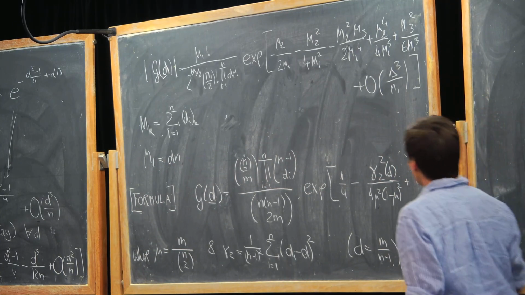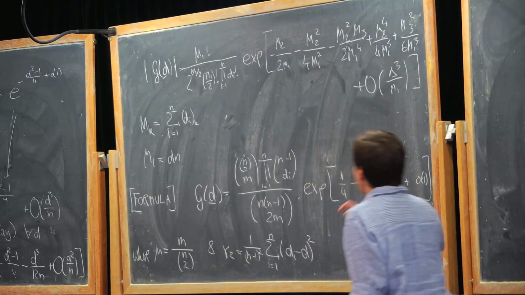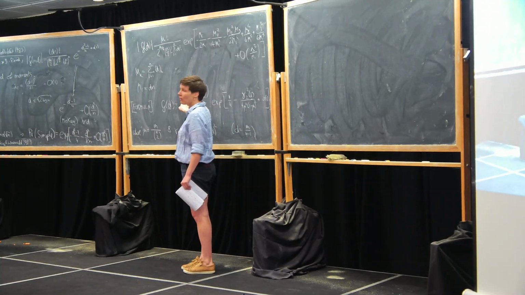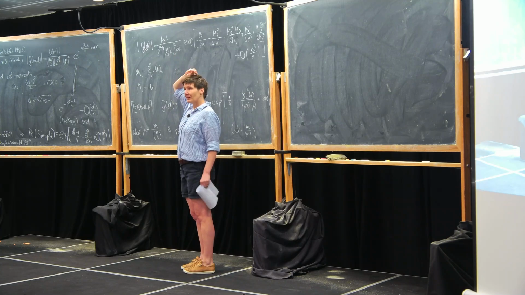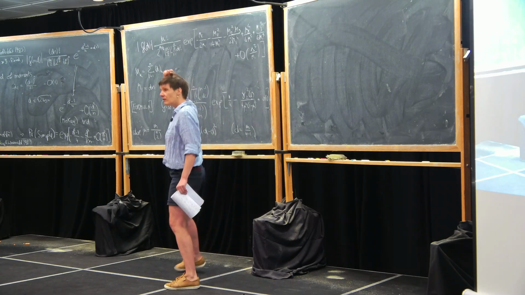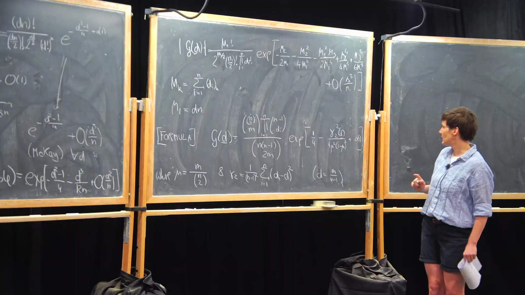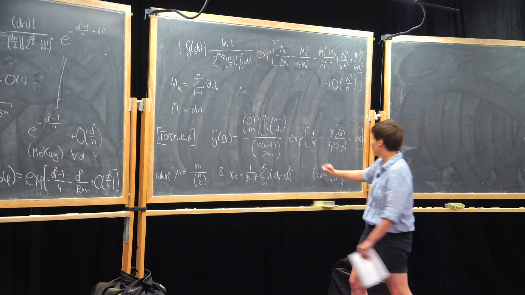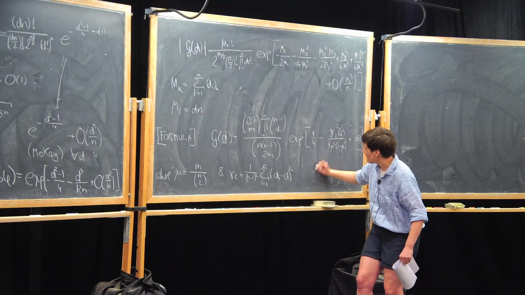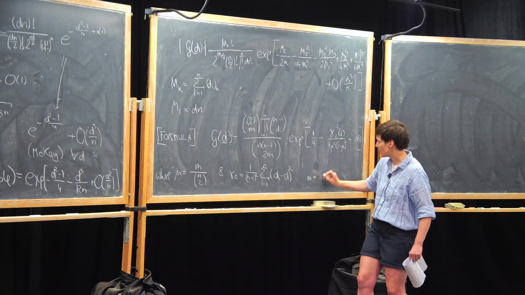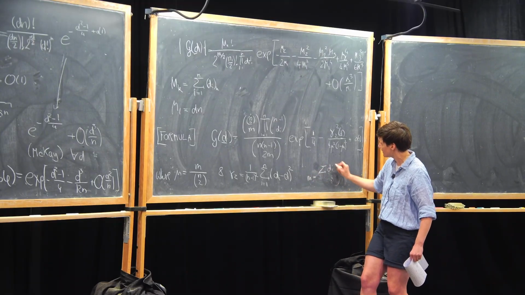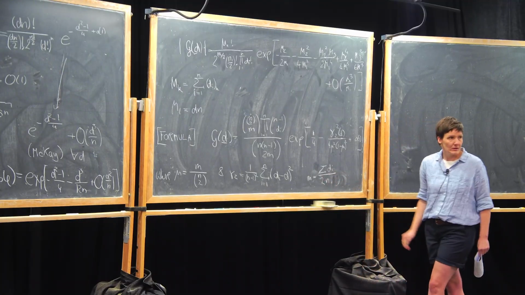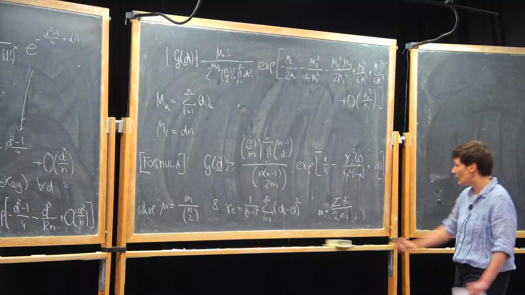Okay, so what does this formula say? First, let's start with this n choose 2 choose m. What is m? M is always the number of edges. So that's always the sum of the d_i's over 2.